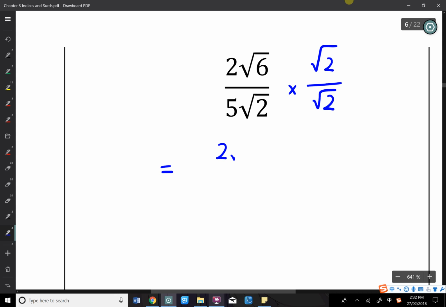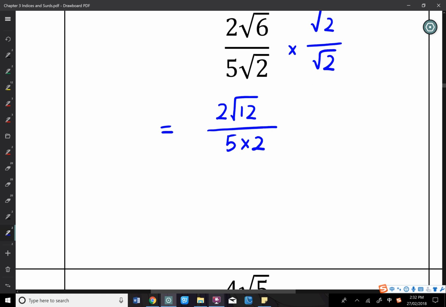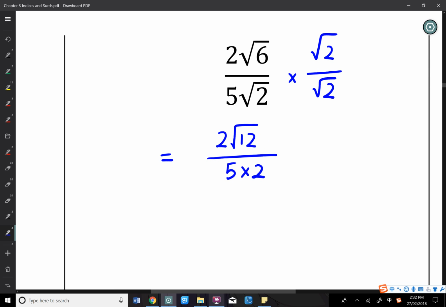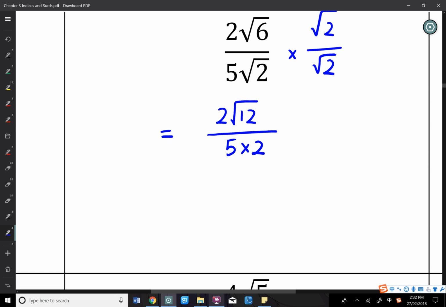So that's 2 root 12 on top. And the bottom is just 5 times 2, because root 2 and root 2 give you a 2. I'm not going to times the whole denominator. What I will do is only times the root. What root I have, I'll just times by that. But it's not finished. You can see I can get rid of this 2 and this 2 here.